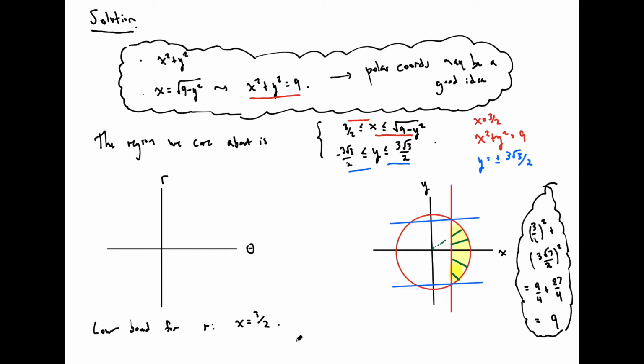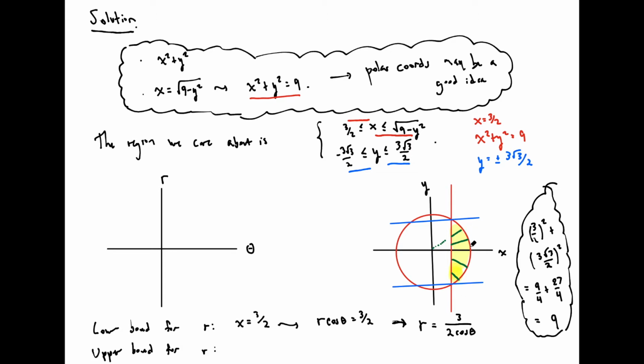So to get the bound for r, I can just convert this data into polar coordinates and solve for r. x is r cosine theta. So solving for r tells us that the lower bound for r, it looks like, is going to be 3 over 2 cosine theta, which is a little funny looking, but that's okay.